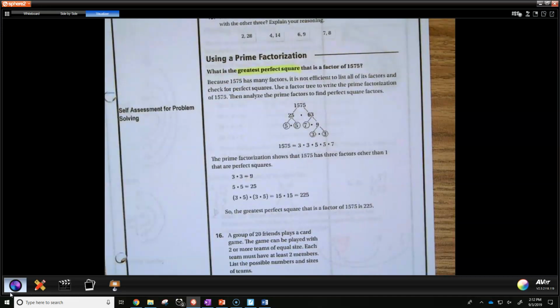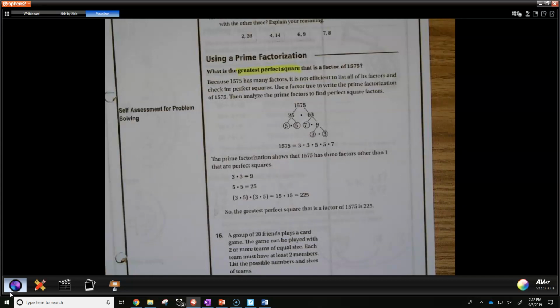what is the greatest perfect square? So, the question here is saying, what is the greatest perfect square that is a factor of 1,575?